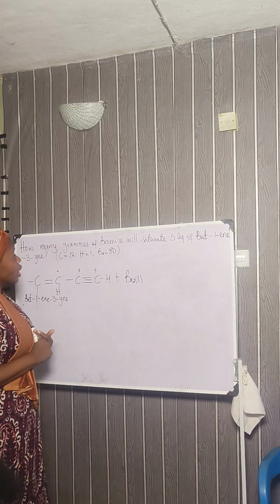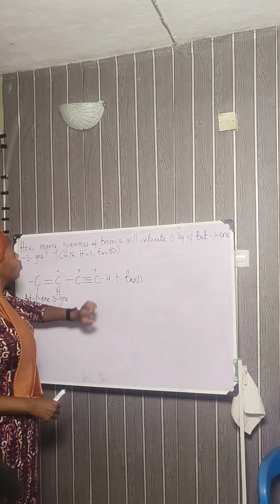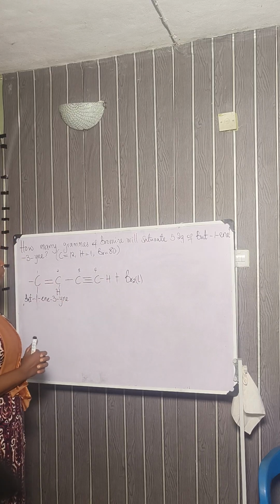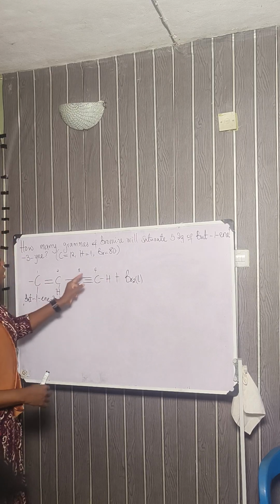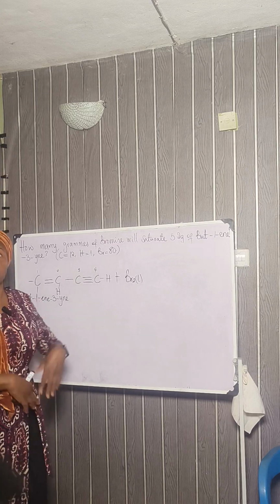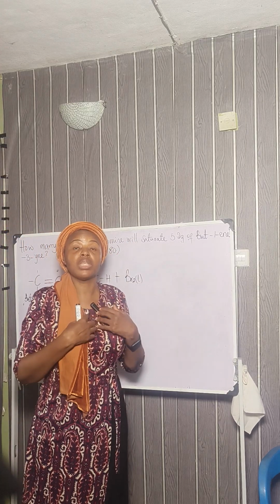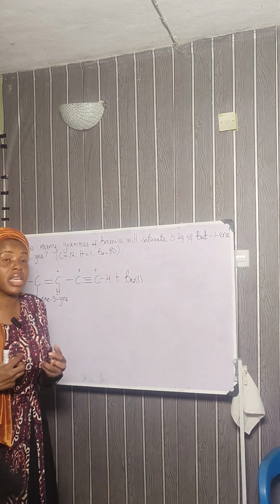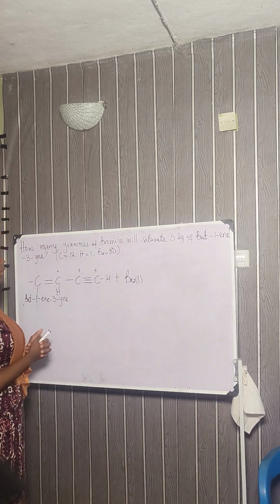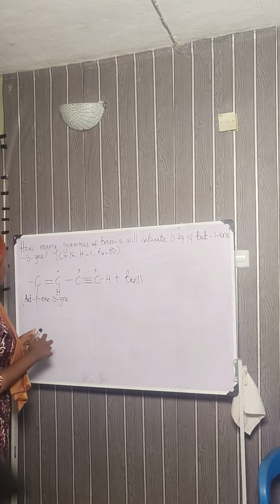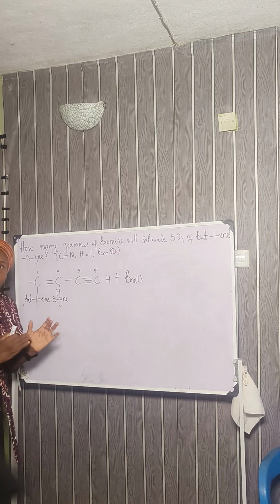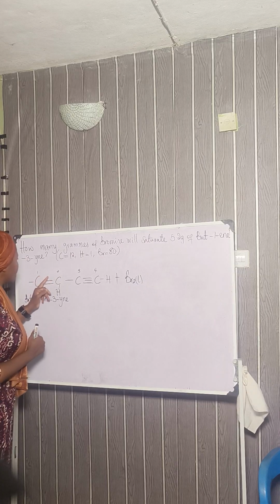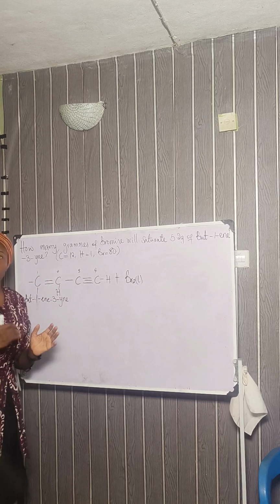Now the question is, how much of this will saturate this? For there to be saturation, that means that this triple bond and the double bond will disappear. Now the question is, how many molecules or how many atoms of bromine do I need in order to saturate this compound? I said that for there to be saturation, this and this will go.